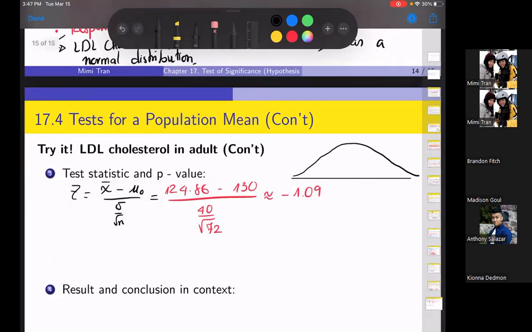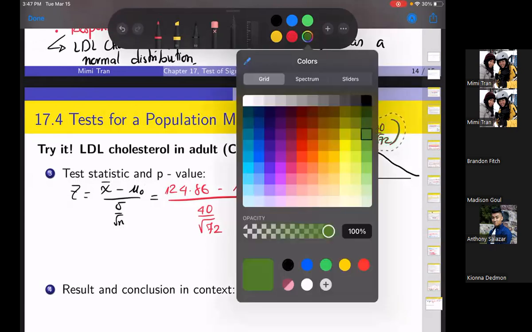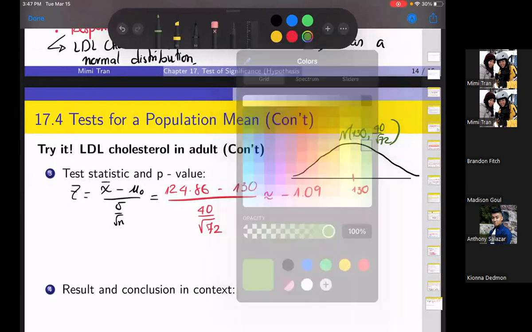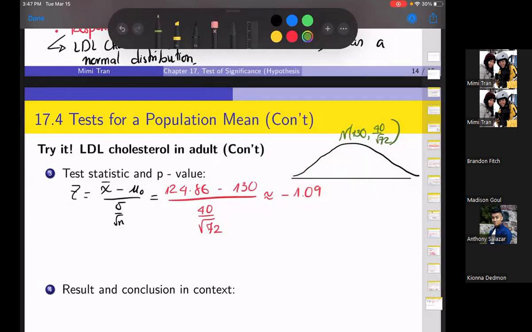It's a normal distribution, the mean is 130, and sigma is 40 divided by square root of 72. Negative 1.09 is right here.